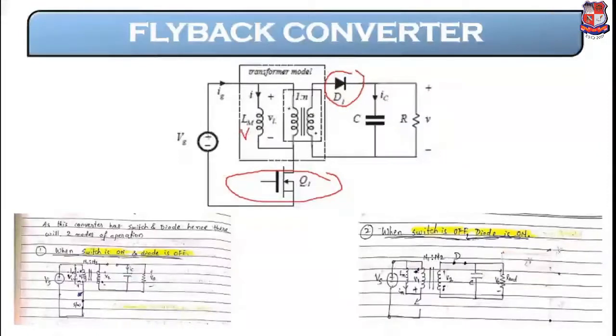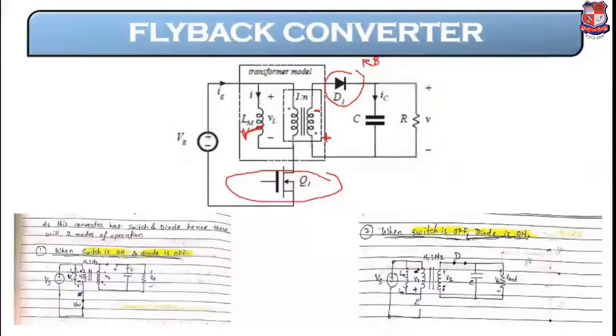When the switch is on, the energy will be stored in the primary side inductor. With this dot configuration, the secondary side top terminal becomes positive and the other negative, and negative supply cannot be given to the anode side. As a result, this diode gets reverse biased naturally.